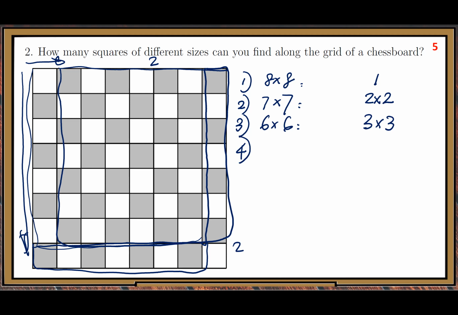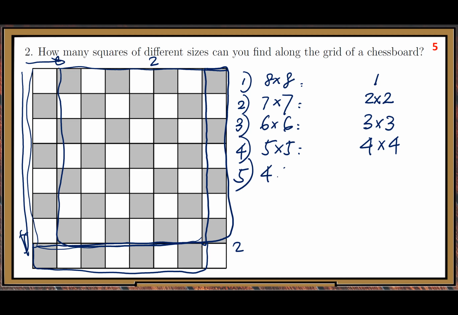Now you can do the analogy for all the possible sizes. 5 by 5, number 4 by 4, right? Because you look at horizontal possibilities, vertical possibilities, then two dimensions, multiplication.